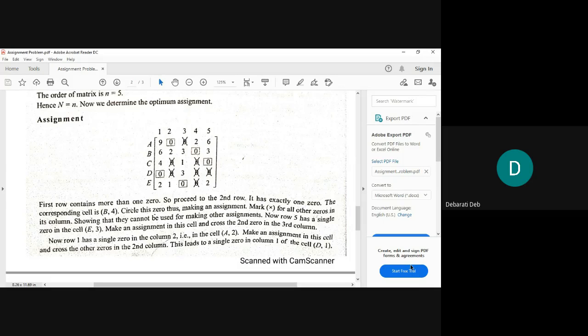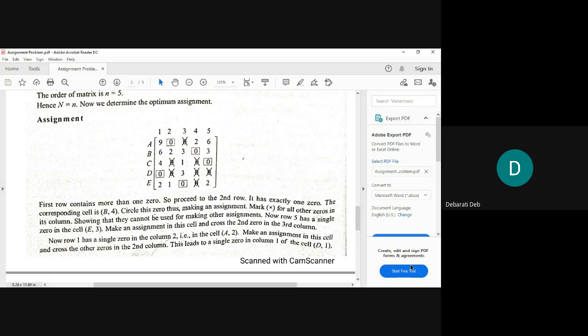Other than the 0 you have circled, put a cross on all the other zeros in that column. Leaving the circled one, there are 3 more zeros in that column, so put a cross on all those 3 zeros. If any doubt, you can stop and ask me.